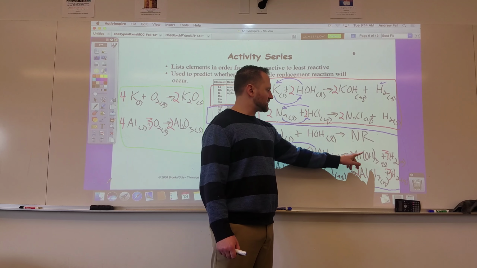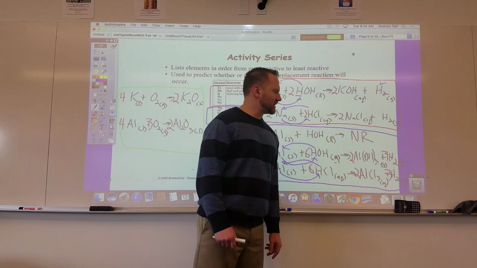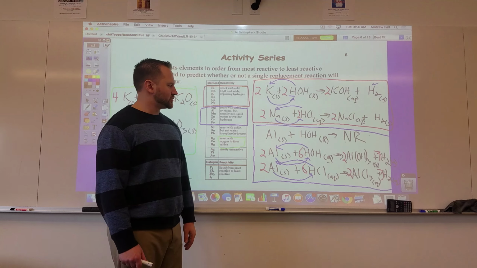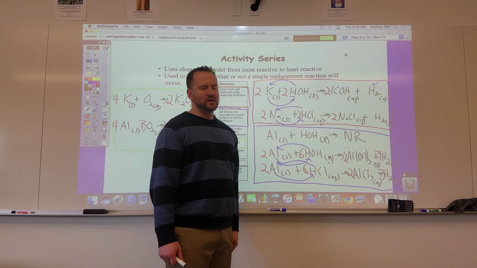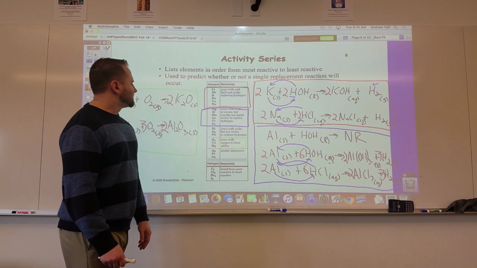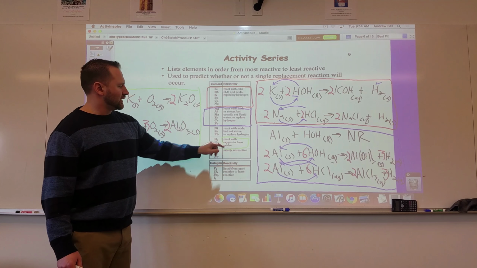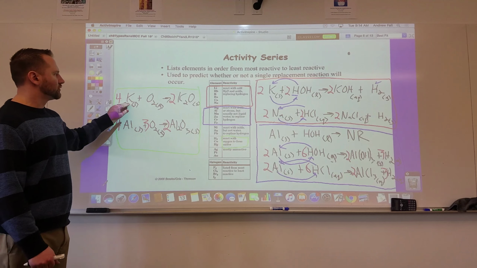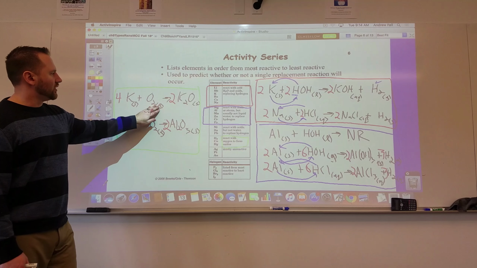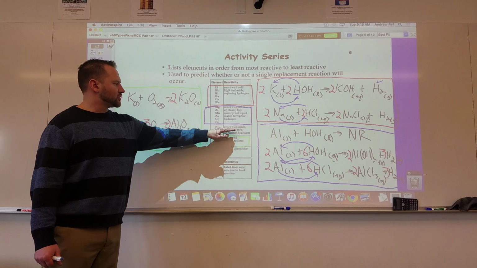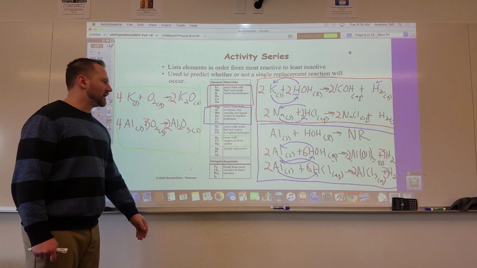Again, aluminum hydroxide, aluminum's +3, hydroxide's -1, and that's why you get that formula, and it also results in the production of hydrogen gas. And it's also reactive enough to react with acids. You can see that anything above here is reactive enough to react with oxygen to form oxide. So if you took an alkali metal in the presence of oxygen, it's going to form an oxide, and the same deal with this. And that would also be true for these and these as well.